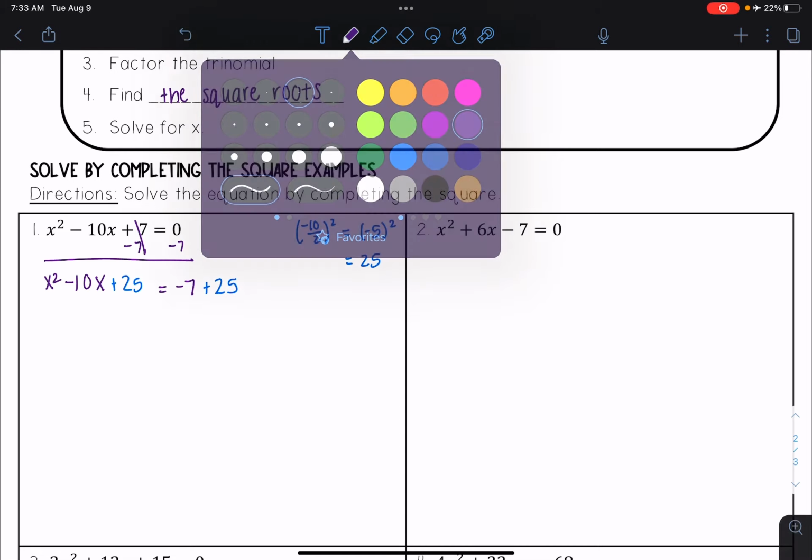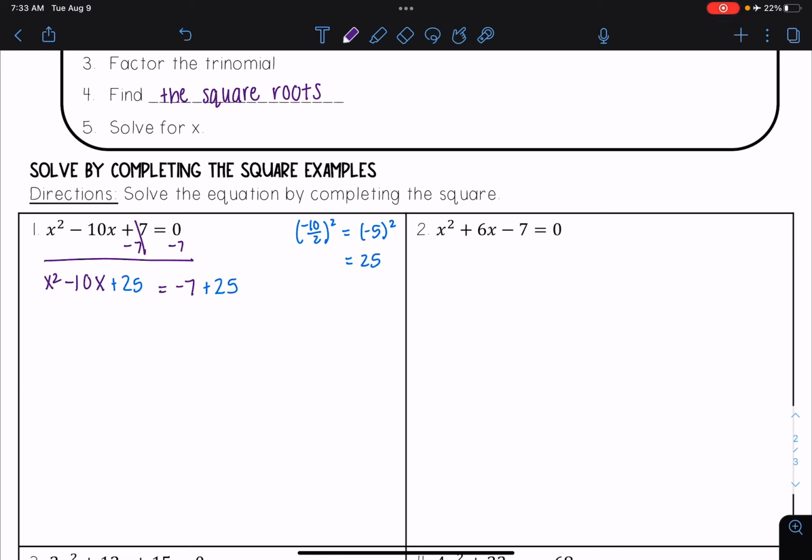And the reason why I did this is now I have a perfect square trinomial on the left-hand side. And so when I factor the left-hand side, I get x minus 5 squared. And then negative 7 plus 25, I get 18. And we see this minus 5 is always going to match up with this b divided by 2.